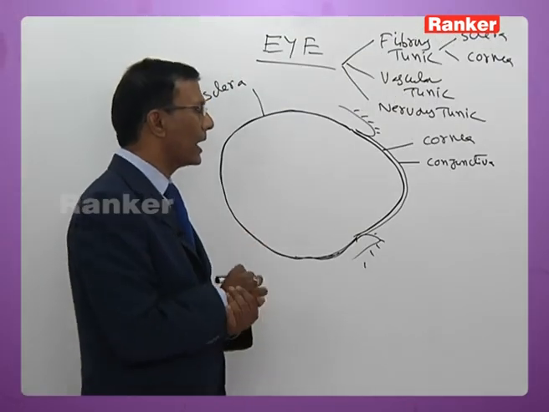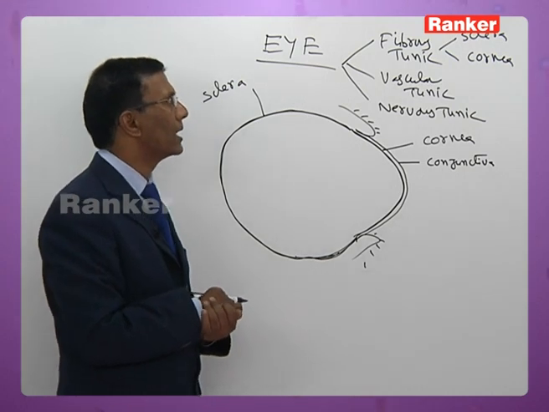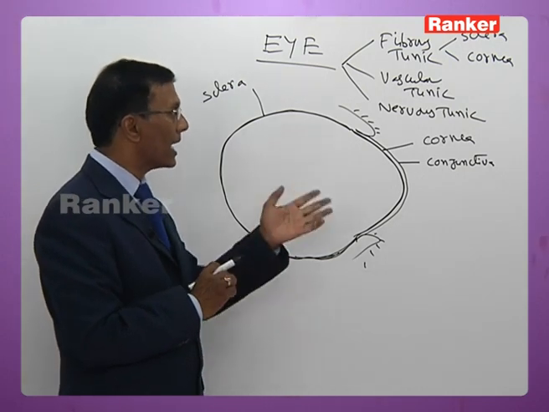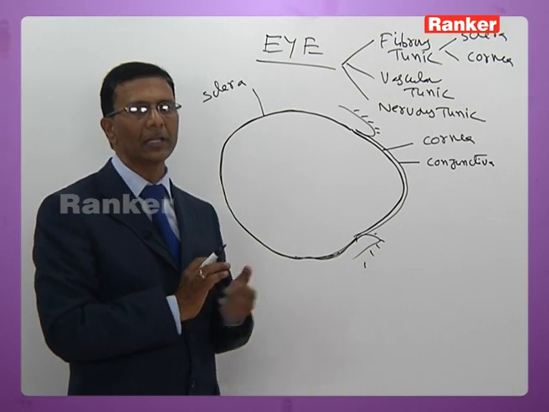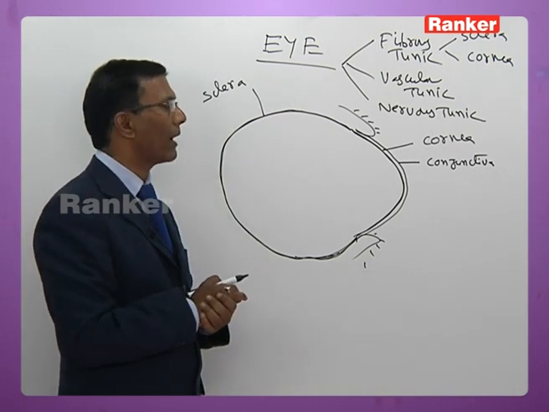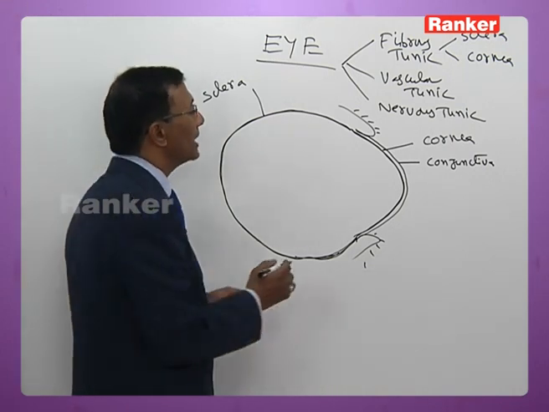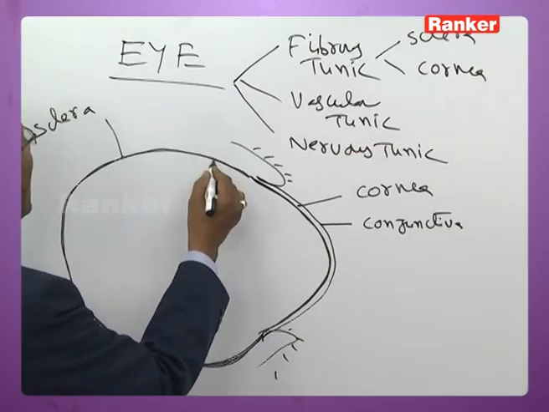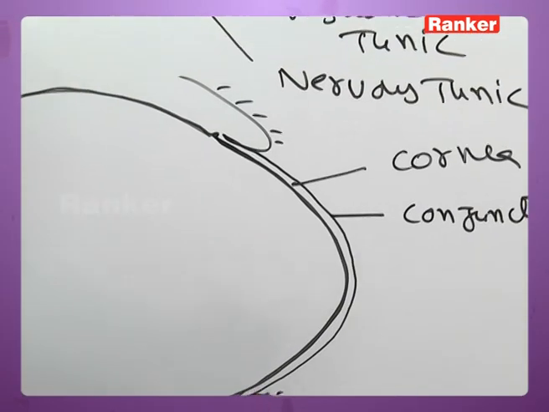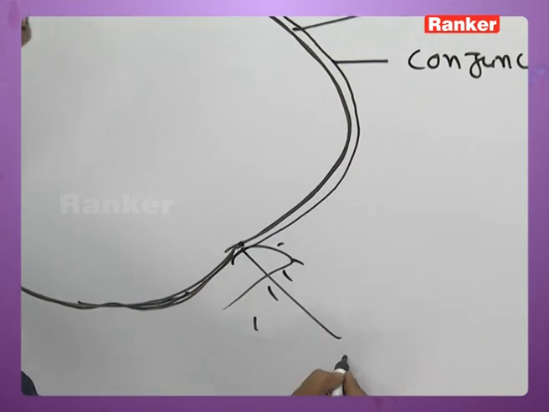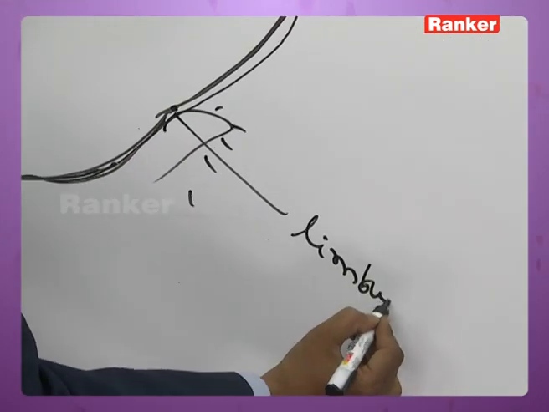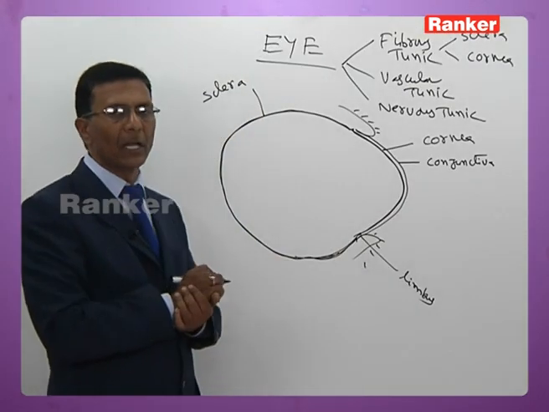So the cornea, conjunctiva and sclera, all three of them, collectively constitute the fibrous coat. Now, the small junction of cornea and sclera is called the limbus.